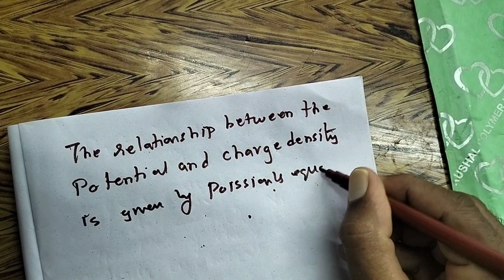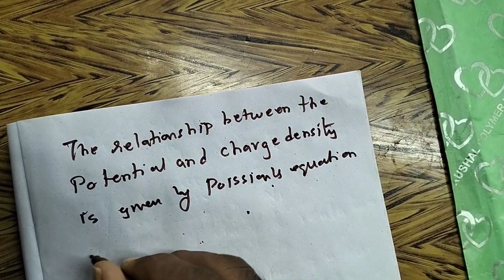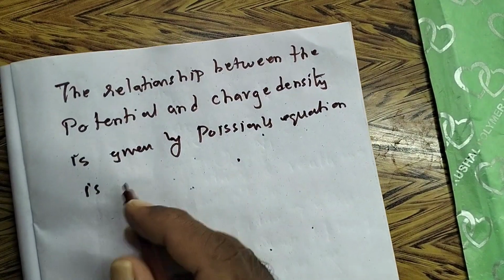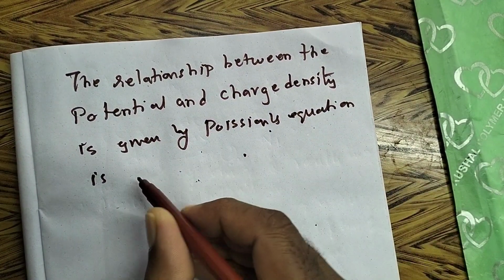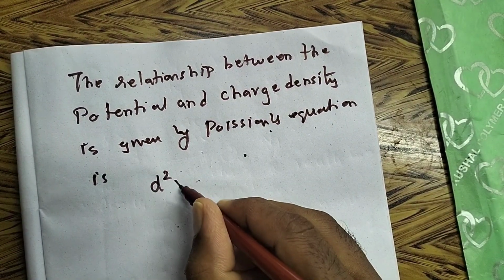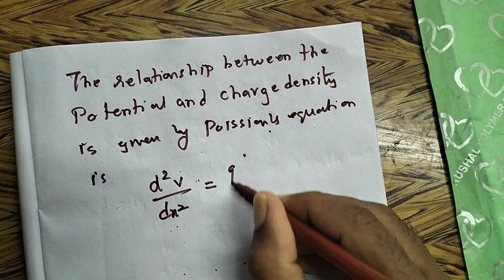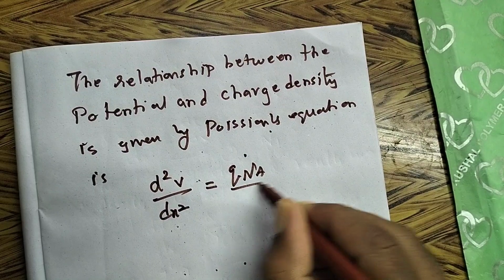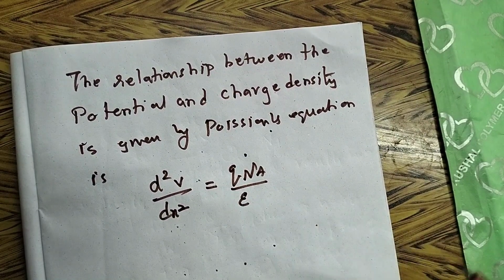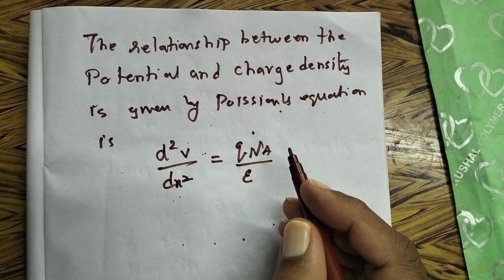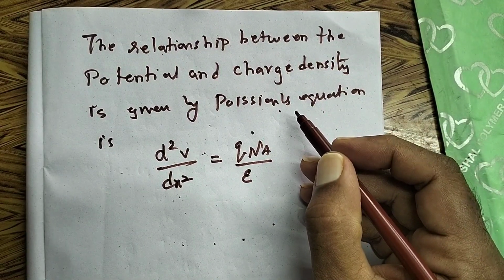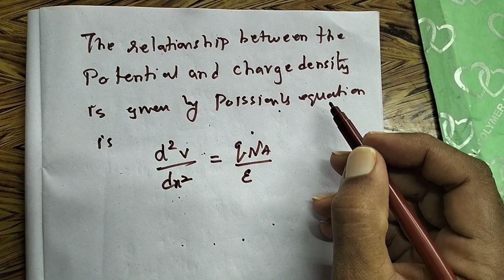So what is Poisson's equation? d square V by dx square equals q Na divided by epsilon. These are the equations we are taking under Poisson's equation.